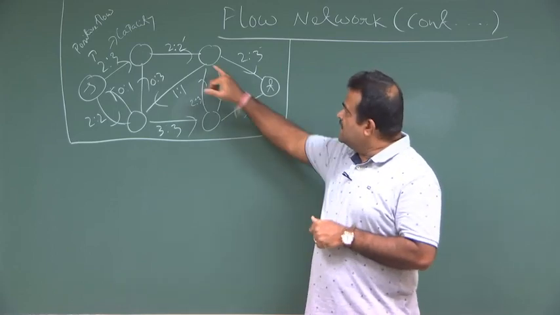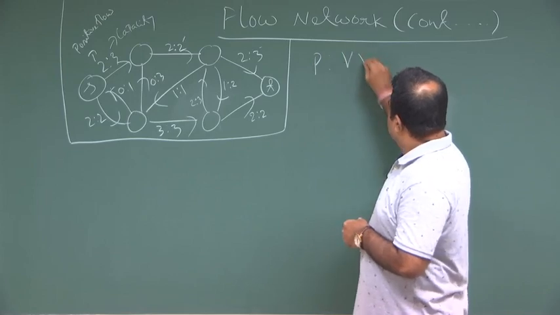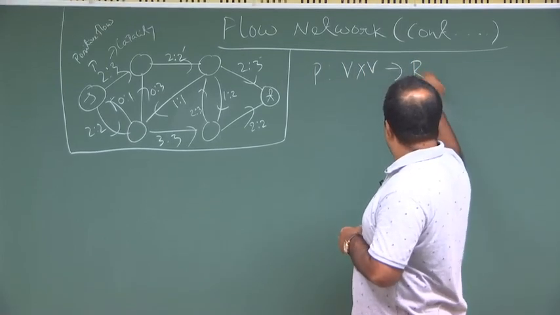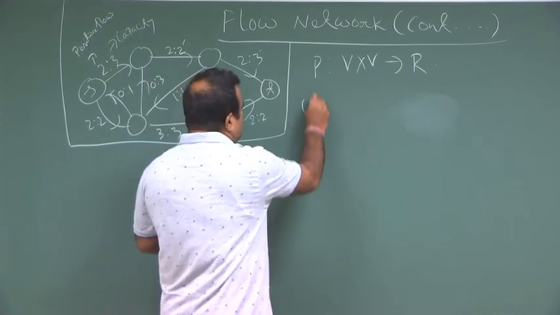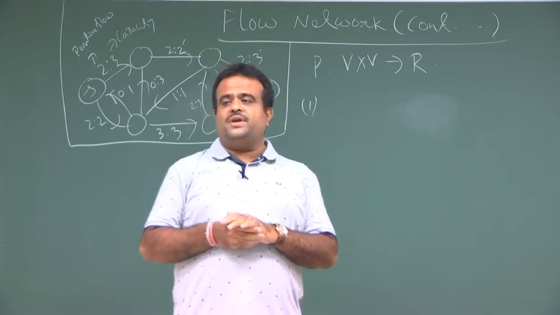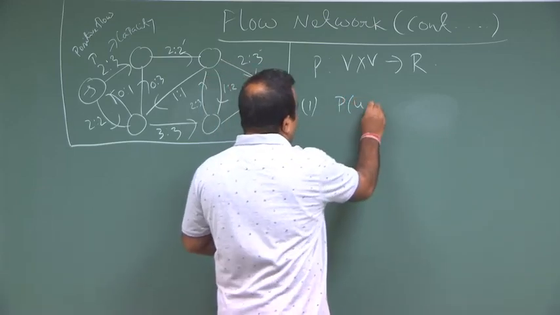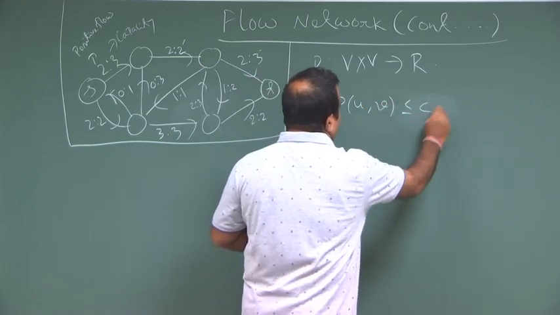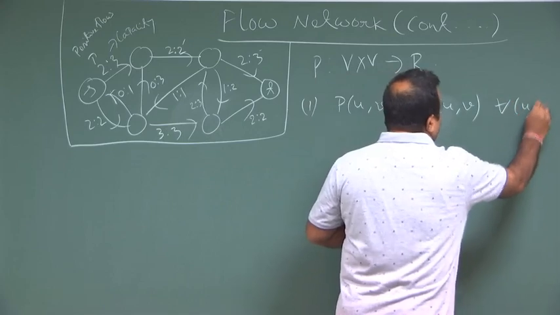It is a function from V cross V to R that satisfies a few conditions. The first condition is that the positive flow should not be greater than the capacity. So P of u v must be less than or equal to C of u v for all u v belonging to E.